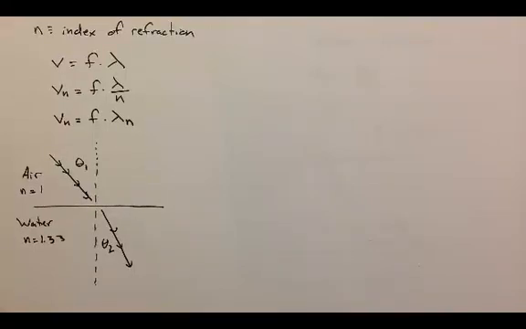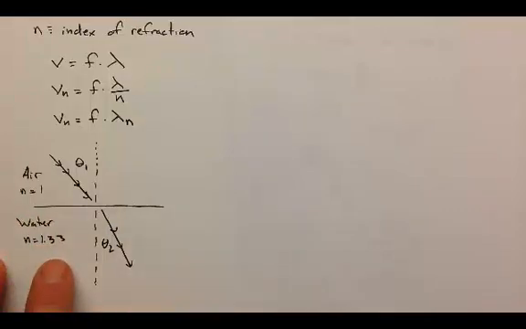But as it turns out, this is just kind of an optical illusion. If light comes in, say, from the air, and the light is going into, say, water, right? Air has an index of refraction of roughly 1, water about 1.33. The light will bend towards the normal, okay?